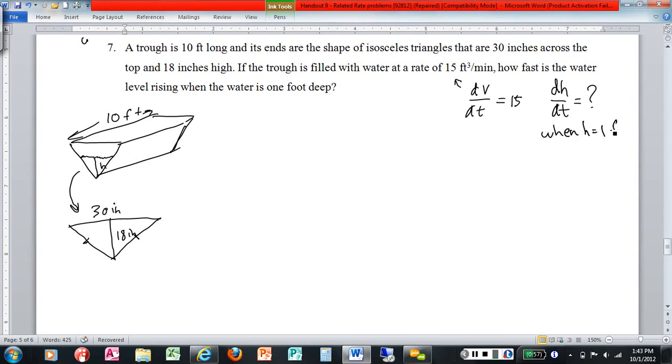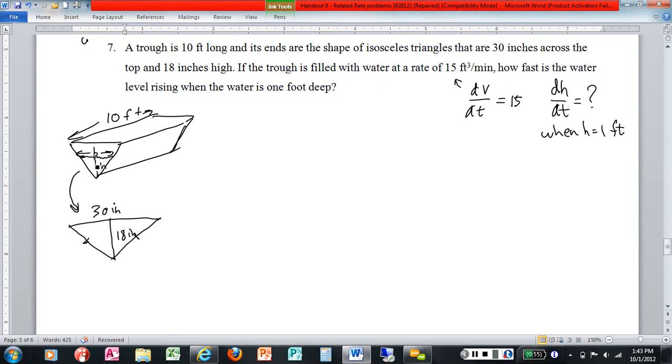All right, but notice here we also have another variable. It's the base. Call this b. Thinking about that height, the base of the triangle would be that, so let's call it b. So we have that little feature.